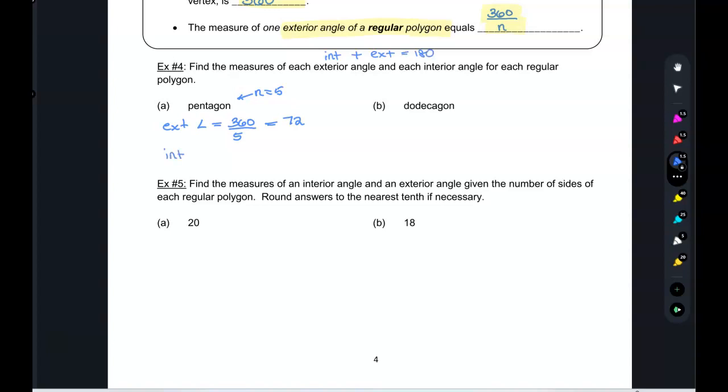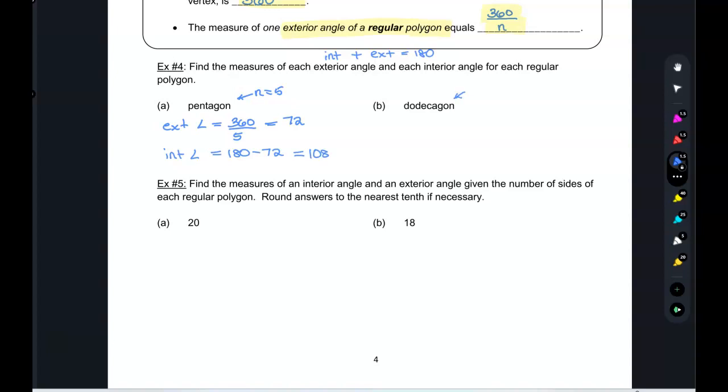So if I'm finding the interior angle, I can just subtract. So what does that give us? 108.